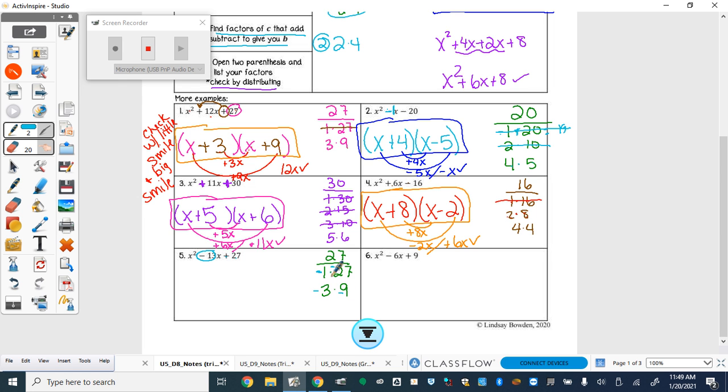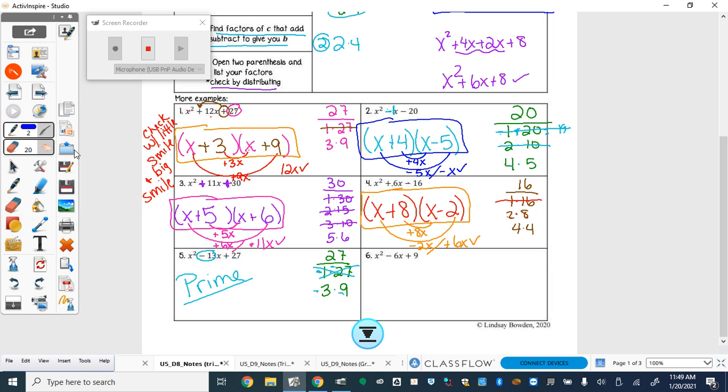Negative times negative is positive, so that's how it ends up working out. So negative 1 plus negative 27, that's going to give me negative 28. Negative 3 plus negative 9, that would give me negative 12. But I want a negative 13. So this one actually cannot be factored. This one is a prime trinomial. We can't factor it. We can't break it down any further.